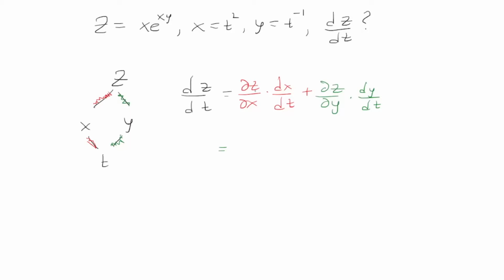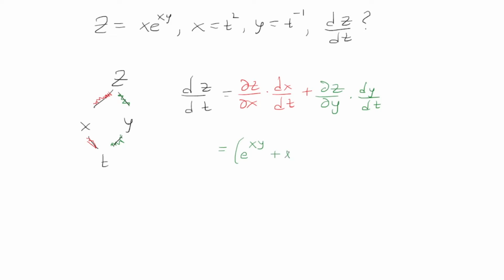Now we just take the derivative. Partial of z with respect to x, well, this you have to use the product rule. So take the derivative of x, which is 1, times e to the xy, plus the derivative of e to the xy with respect to x, which is y, then multiplied by x.